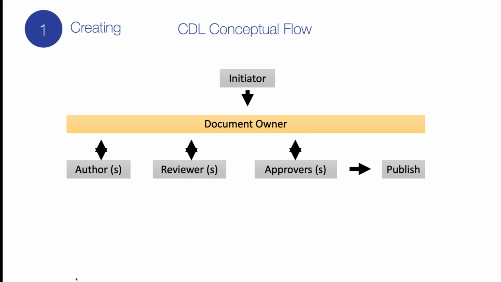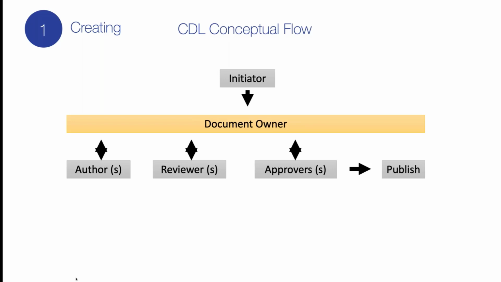Then the document owner will send the document to the authors. Now, the authors will be editing the document. It's either an individual author or a group of authors, and then they would, when they are complete, pass the document back to the document owner.